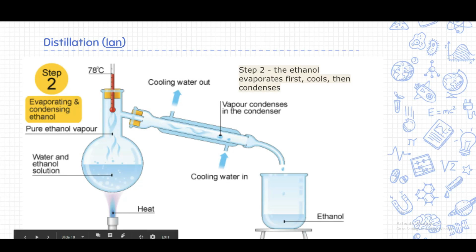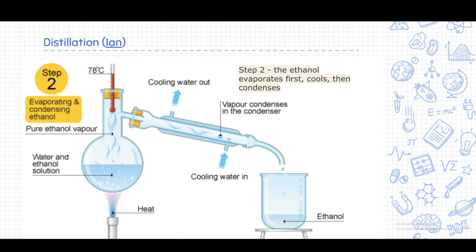See? This is fractional distillation. Fractional distillation is different. It separates liquid from water. The water and ethanol solution gets heated. The lower boiling point liquid, which is ethanol, gets separated from the ethanol-water solution, and pure ethanol is collected.